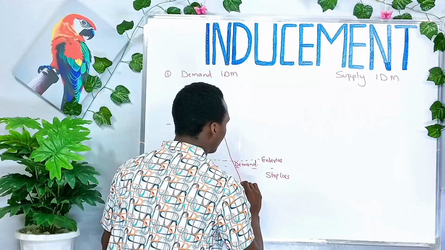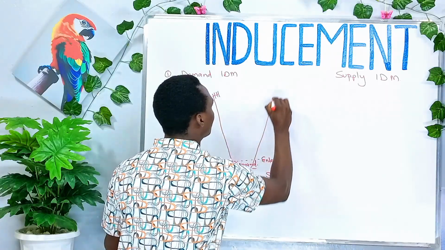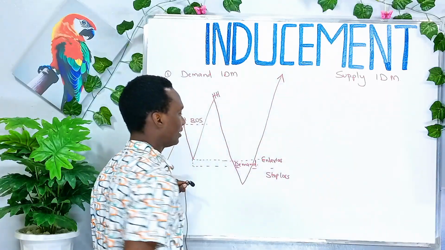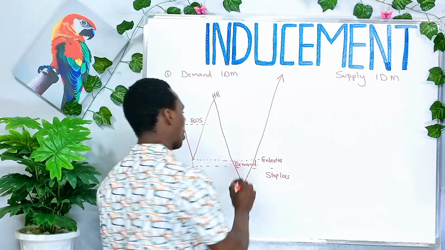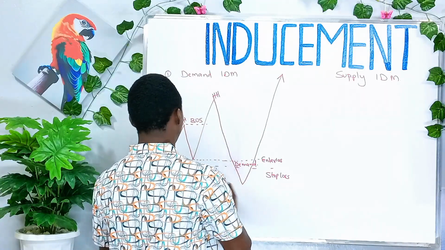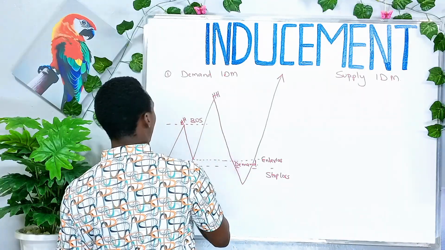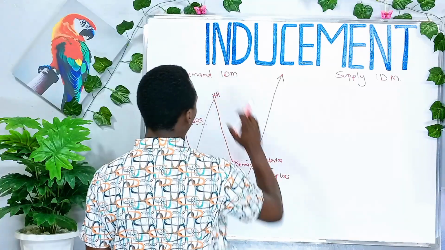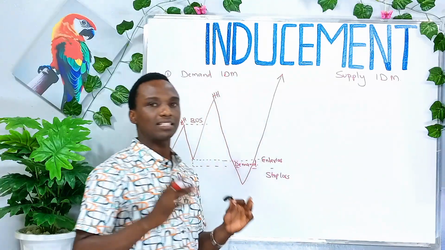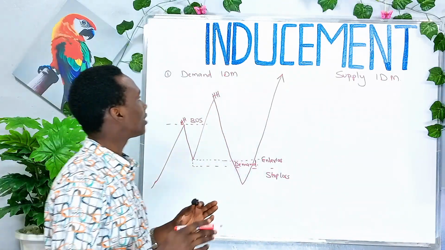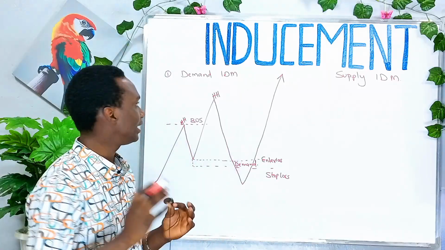They take out all these stop losses and then move to our desired direction. So our stop losses have been taken. This is now what we call a demand inducement.